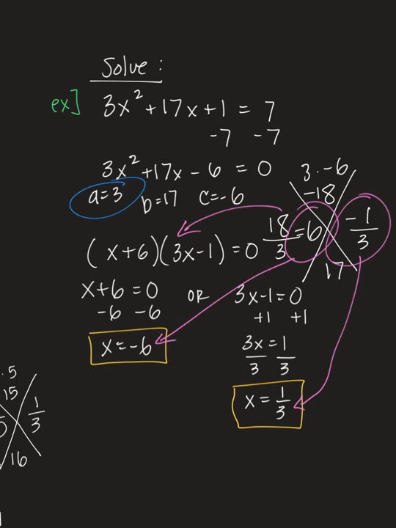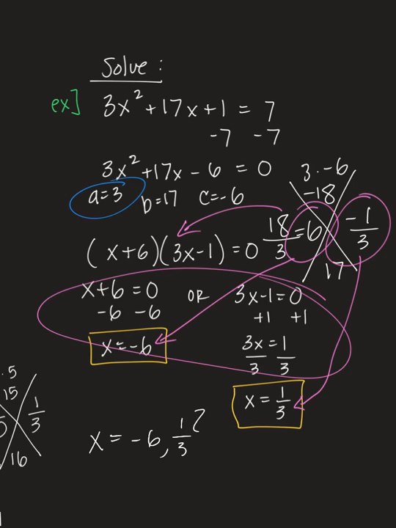So our answer was actually negative 6, but in our x we got positive 6. And then our answer was also 1/3, but we got negative 1/3. So that's a great way to check that you did all of this solving part correctly. And then let's just write our answer in our final notation. So x is equal to negative 6, comma 1/3 in curly braces.